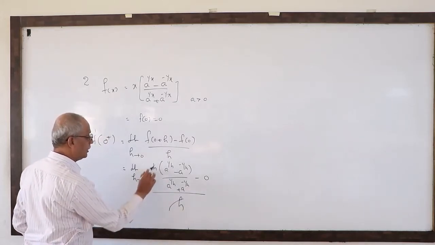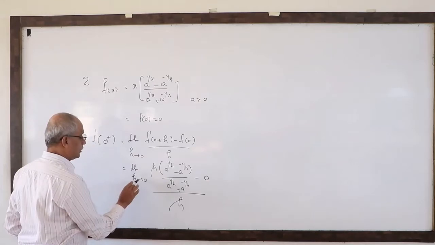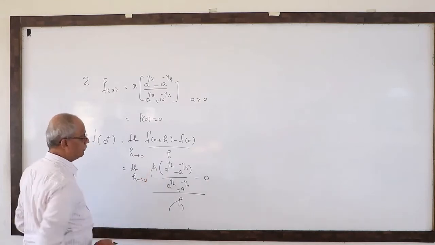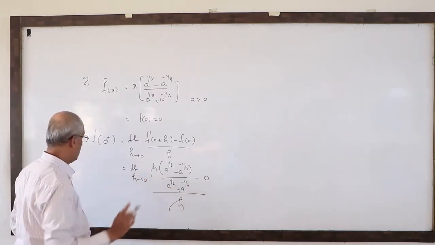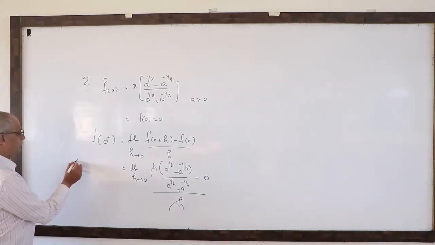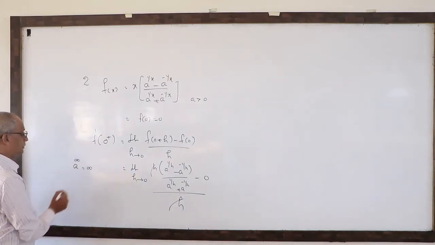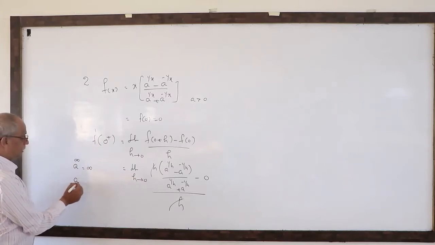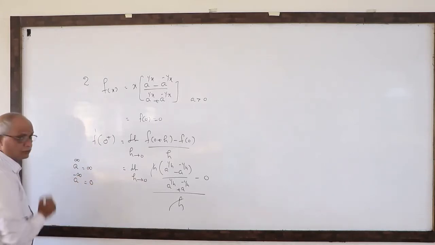The h cancels. You cannot put the value h equal to 0 directly because we have some results in the fundamentals: a power infinity is infinity for any base a, and a power minus infinity must be 0.